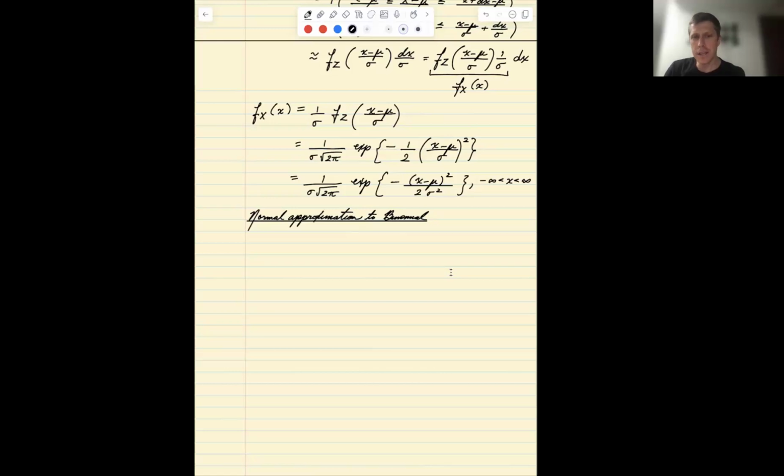So how this works is, if X is binomial with n and p, then X is approximately normal with mean np and variance npq, provided npq is bigger than 10 or so.